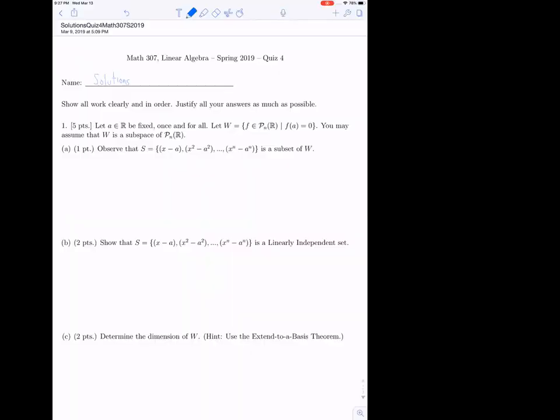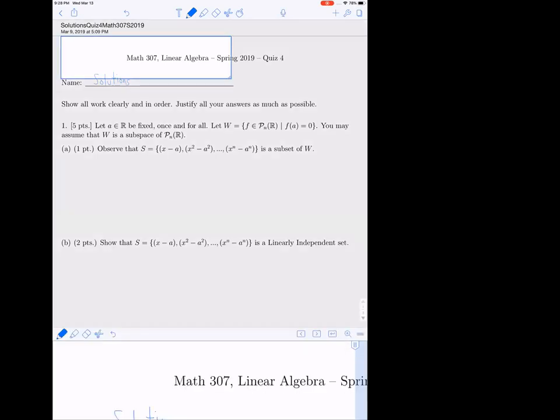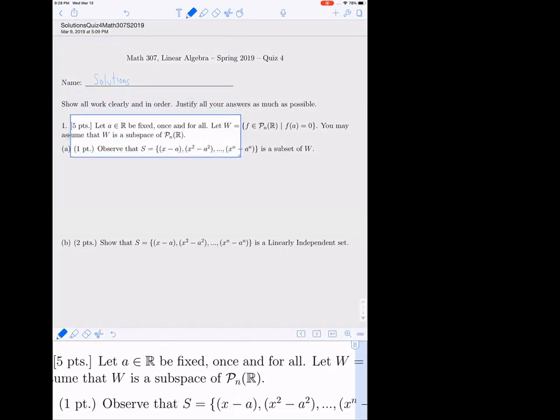Quiz number 4. The first question said, let A be a fixed number in R once and for all, and let W be this particular set. We may assume that W is a subspace of P sub n of R. So remember that P sub n of R, that's the set of all polynomials with real coefficients of degree at most n.